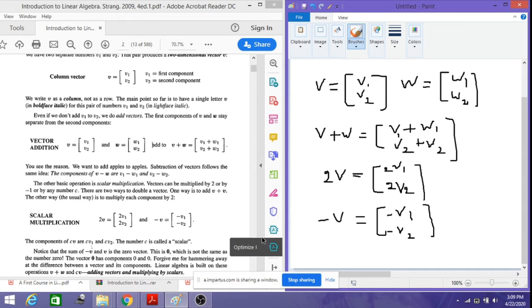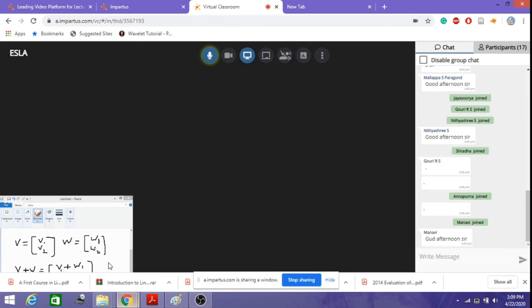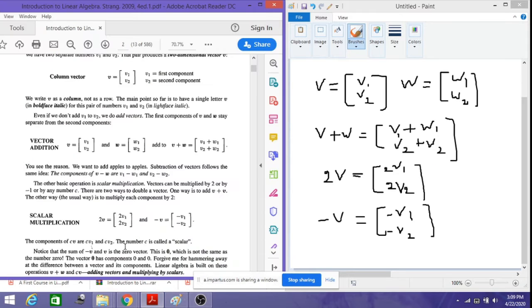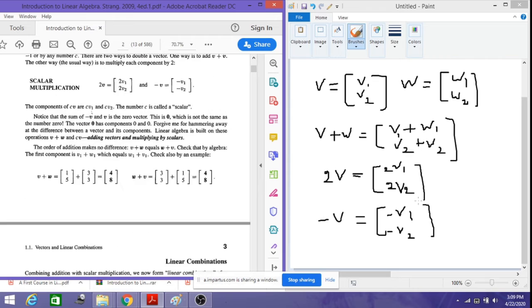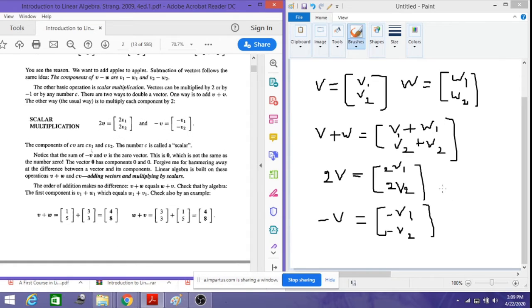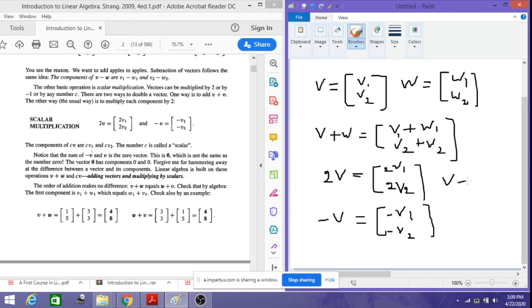And here one thing we'll note, that the sum of minus v and v will result in 0 vector. For example, if I write v minus v will result in 0.